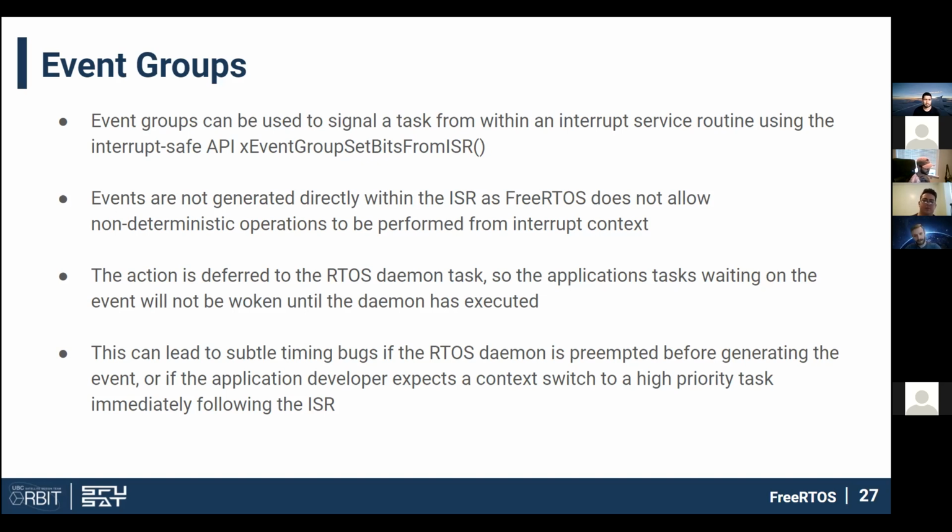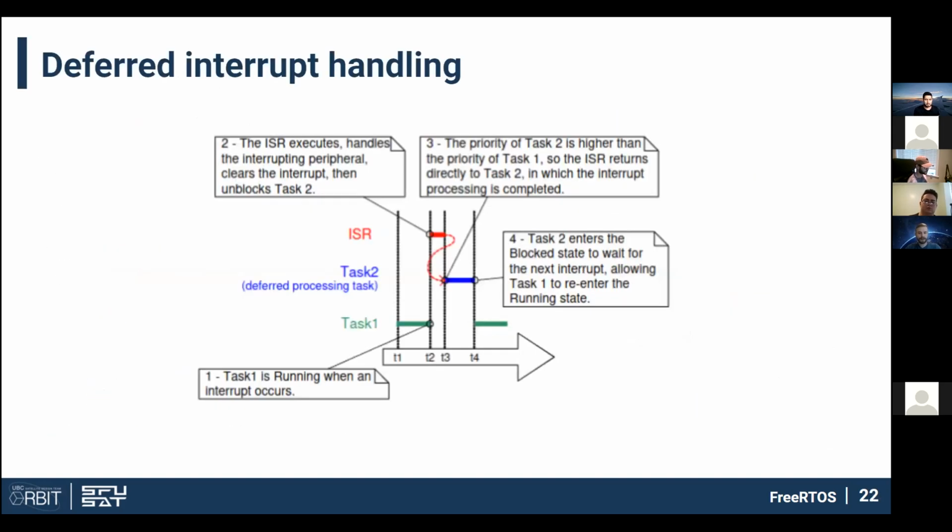So you need to be aware here if you're using an event group to signal a high priority task, because that task still needs to wait until the daemon task has an opportunity to run and generate the bit event. In the previous example, we went directly from the ISR into task 2 after we generated some event inside the interrupt service routine. In the event group case, we would need this intermediate step where the RTOS daemon task would have to run.